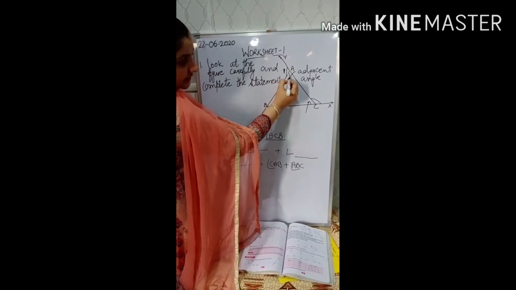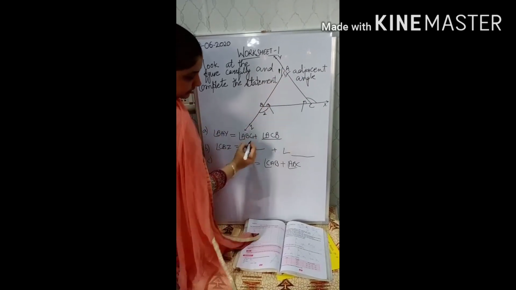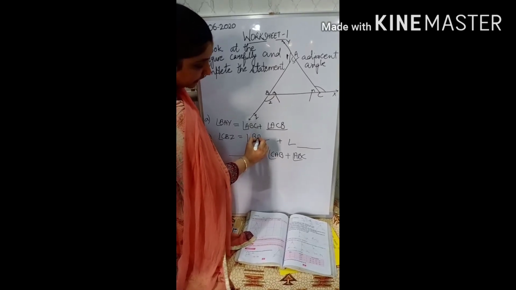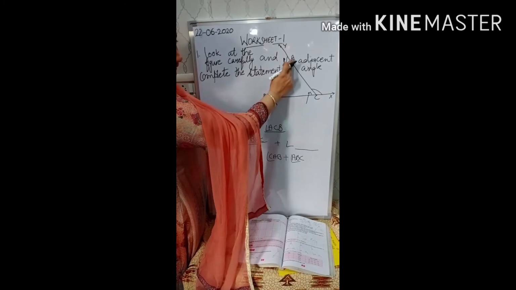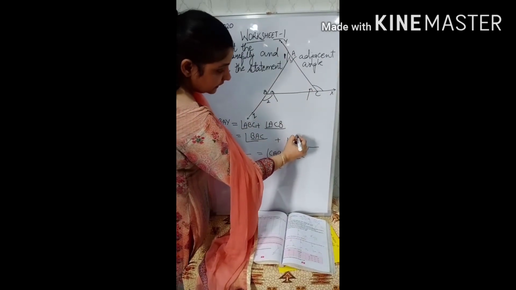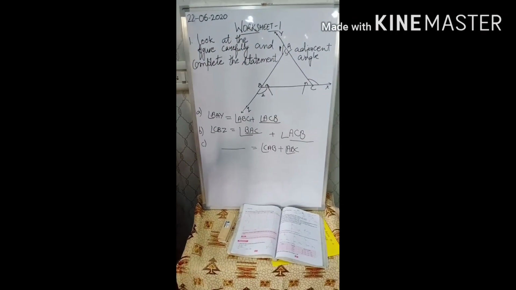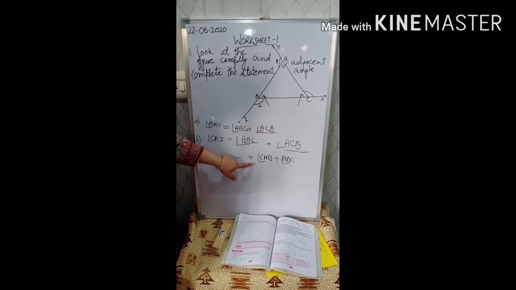If I want to write this name, I must go BAC. So the angle name is angle BAC. Now, I want to write this name. I move my finger ACB. Angle ACB. Is it clear?